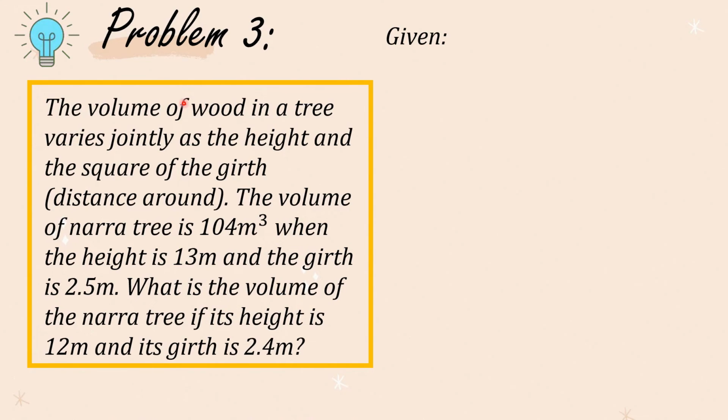So, sino-sino kaya yung tatlong yun? Una ay si volume. Pangalawa ay si height. And the next one is the girth. So, let us use different letters for the three variables. I will use V for volume, H for height, and G for the girth. Since tatlo yan, so sila ang magkakapartner.